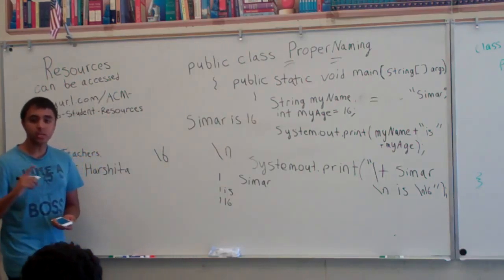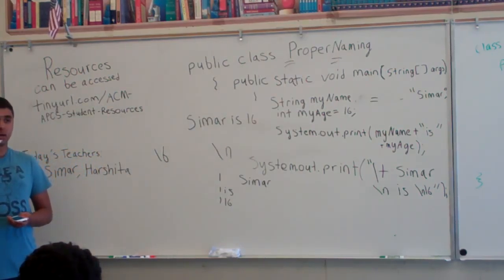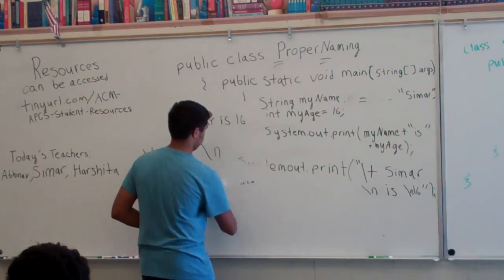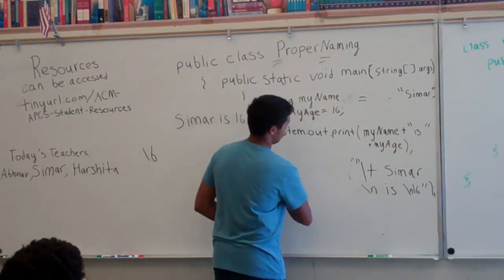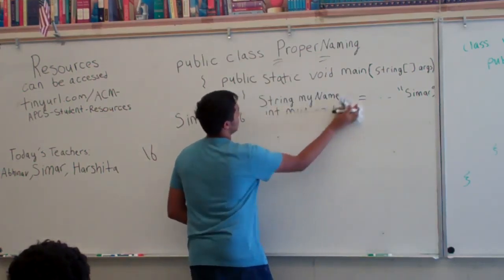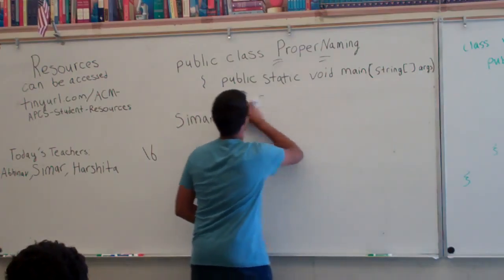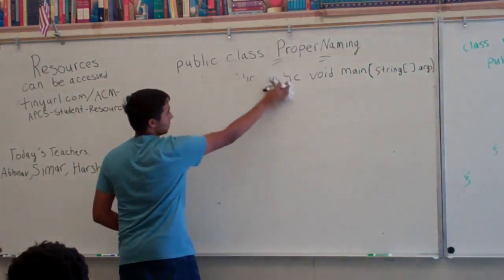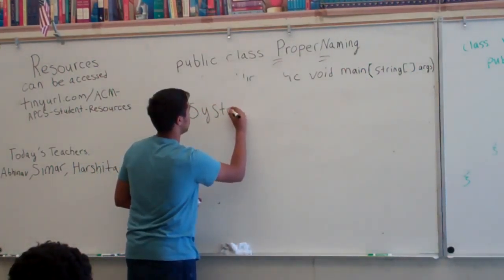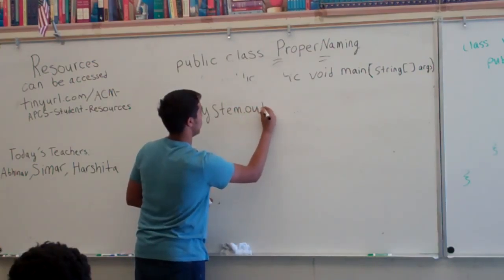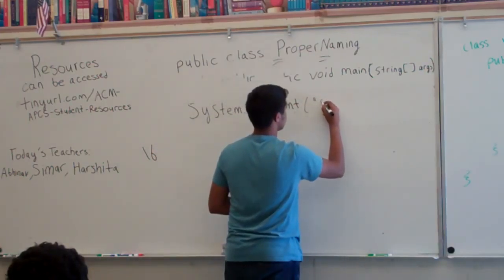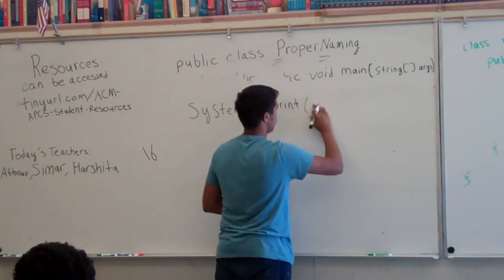Here's an important one. Let's say you wanted to embed a quote inside your print statement, right? So what you would do is System.out.println, and let's say I want to write Simmer in quotes.